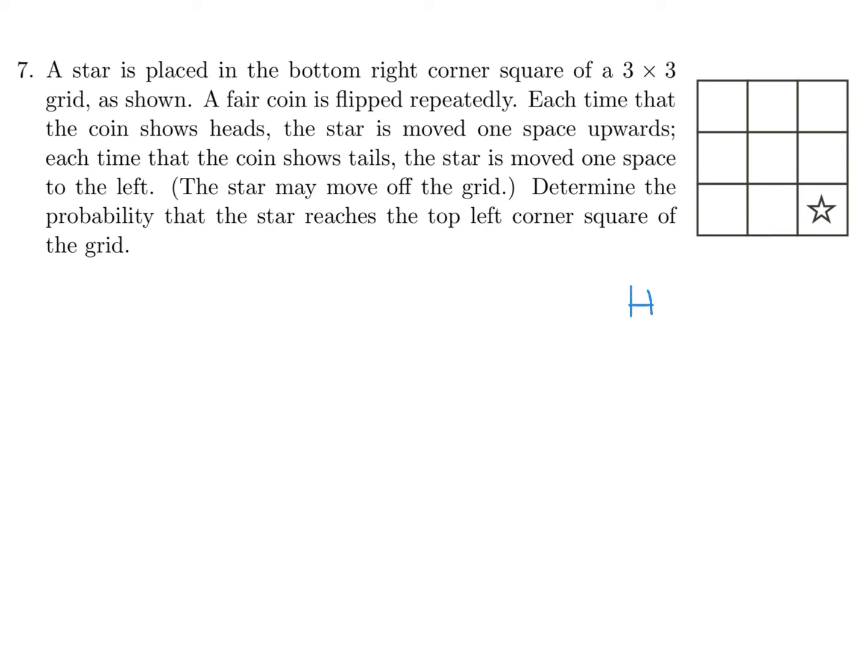Heads means that you move up. Tails means you move left. So here's a star, that's where it starts. And in order to get up here, which is the top left corner, we have to go left twice. So we have to go L, L, and then we have to go up twice. Regardless of orientation, it doesn't have to be L, L, up, up.